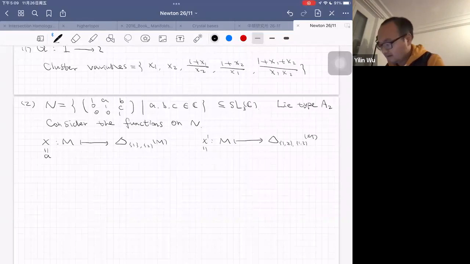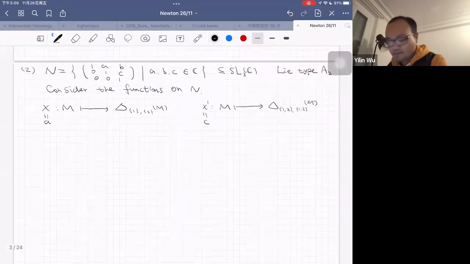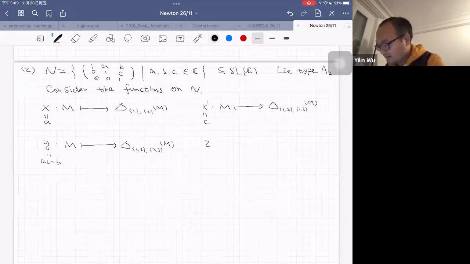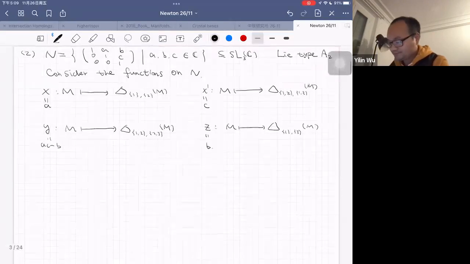This is equal to C. And another one takes the matrix to this determinant, so this is just AC minus B. The last one takes M to the determinant at 1 and 3. This is equal to B.